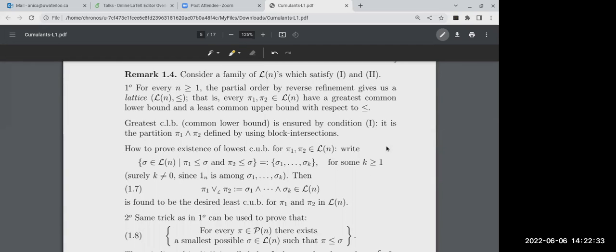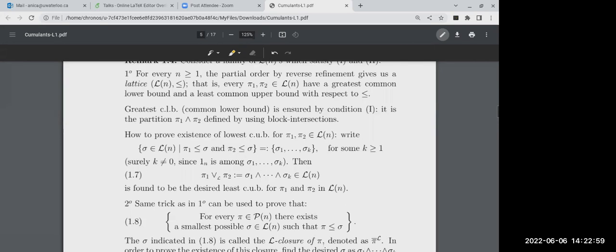Condition 1 was exactly that, and this operation of intersecting blocks gives the greatest common lower bound. But then there is also guaranteed to exist a lowest common upper bound, the lowest CUB.